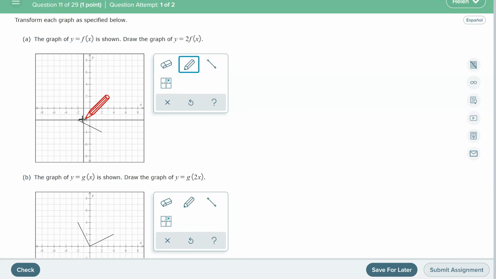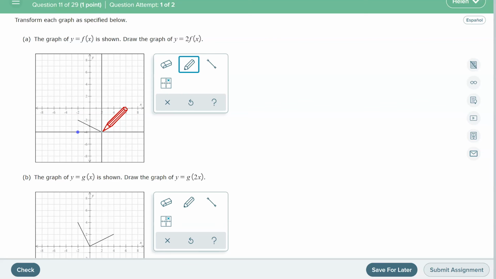So if this y value is -2, and I multiply -2 by 2, I would get -4. So I'm not moving left or right, I'm just changing the y value to -4, and that will make a point. Now this other location here, this other extreme, is 2, -4.